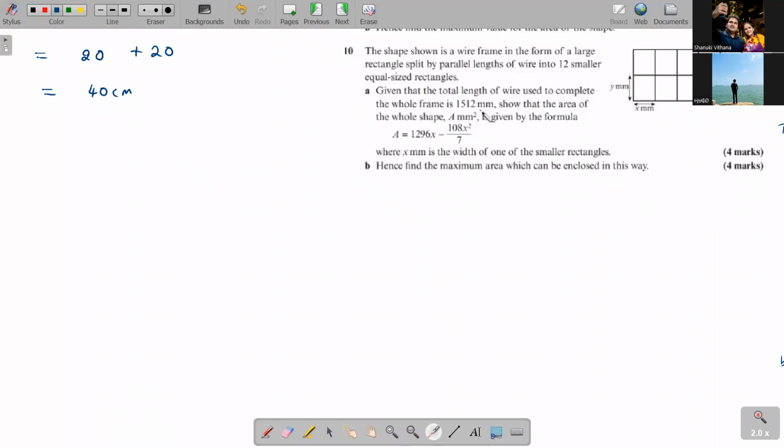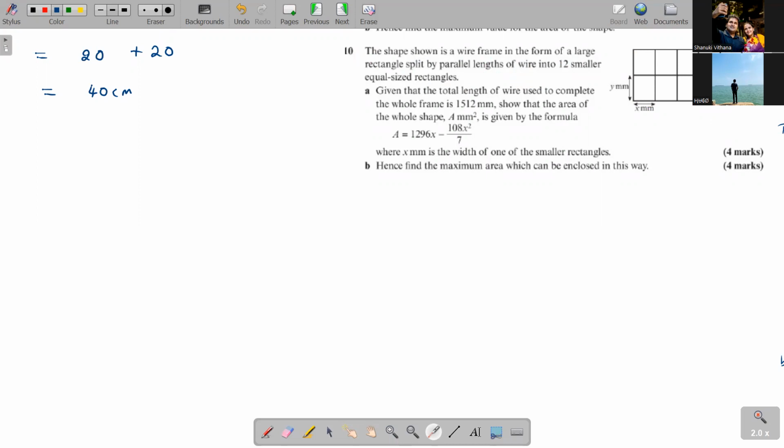Okay, so now let's go to question number 10. The shape shown is a wire frame in the form of a large rectangle split by parallel lengths of wire into 12 smaller equal sized rectangles. Can you see? This is a full wire frame, and even inside you have wires running inside.